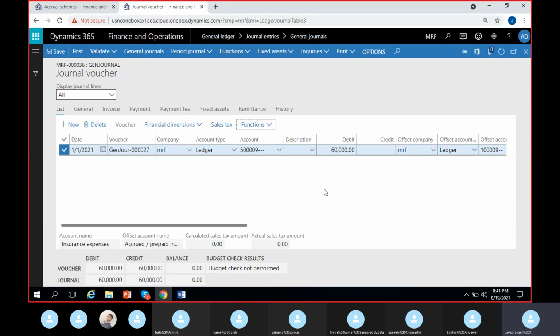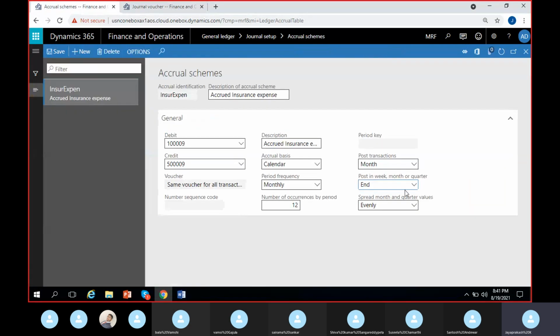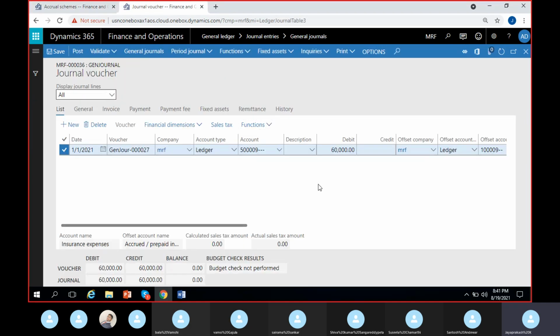It breaks evenly because you gave the condition here as evenly. According to your selection, it will break it evenly. That's the whole motto of the accrual scheme.